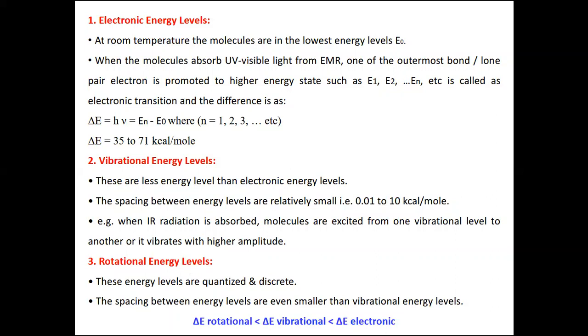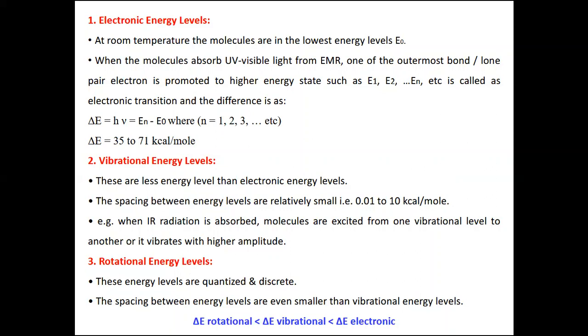The last one is the rotational energy level. These levels are quantized and discrete. The spacing between the rotational energy levels is even smaller than the vibrational energy levels. It is often said that we can get pure rotational spectra, but we can't get pure vibrational spectra because vibrational spectra are always associated with rotational energy levels, that is, rotational spectra.